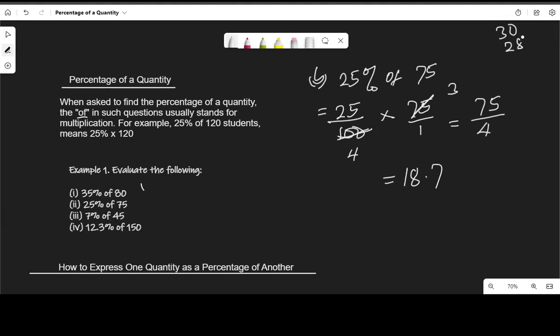If I subtract 28 from 30, I have 2. If I place 0 behind that 2 again, that makes it 20. 20 divided by 4 is 5. So 25% of 75 is 18.75. If you're not sure, you can use a calculator there.